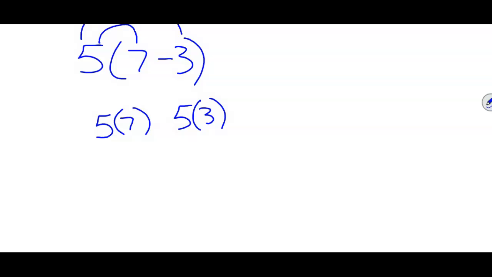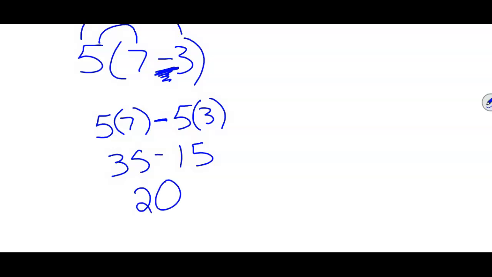What operation goes in between these 2 multiplication problems? Jordan? Subtraction. Because we have a subtraction sign right here. If that was an addition sign, we would have an addition sign here. So then solving that, 5 times 7 is 35, minus 5 times 3, which is 15. We should get an answer of 20.